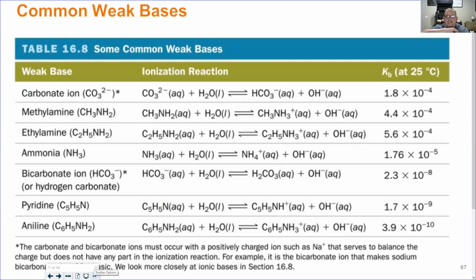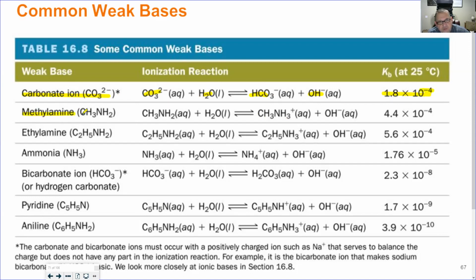All right, so here's a table of some of the common bases that we run into in problems. The carbonate ion can pick up a proton from water and form bicarbonate and produce the OH minus. It has a Kb of 1.8 times 10 to the minus 4.